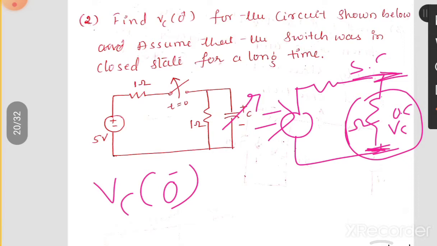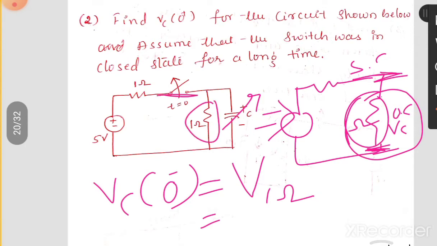Before opening, it was closed, so Vc of 0 minus will be equal to the voltage across this 1 ohm resistance. To calculate that, we have to calculate the current flowing through it, I, into the resistance, that is 1 ohm.